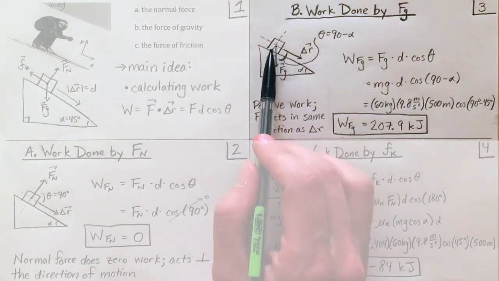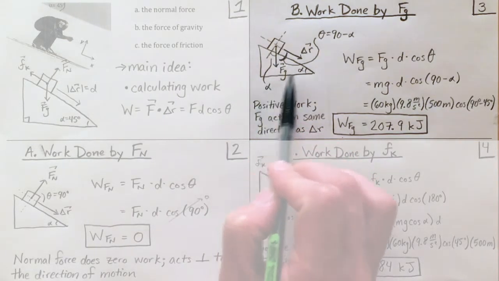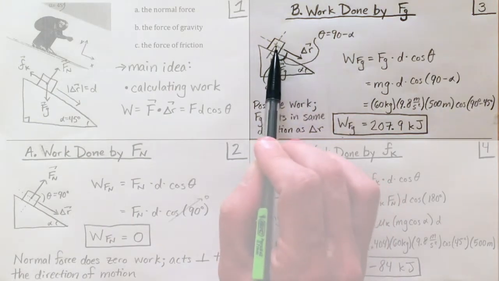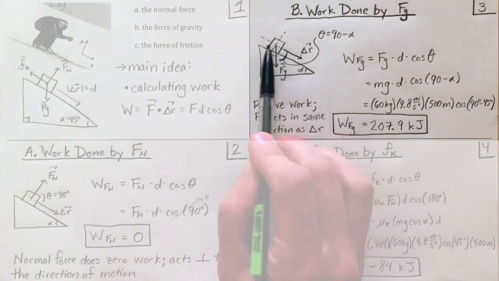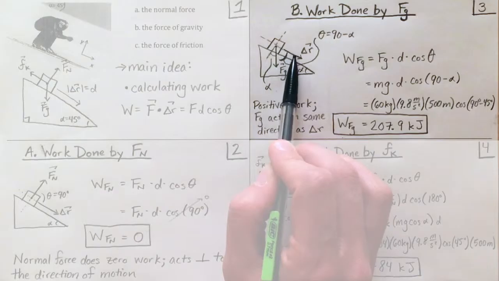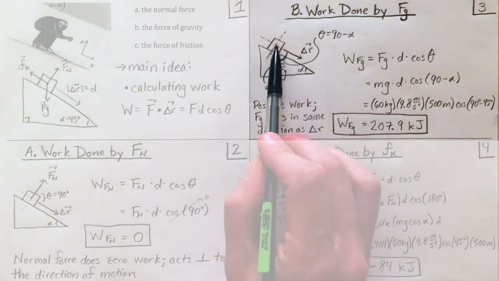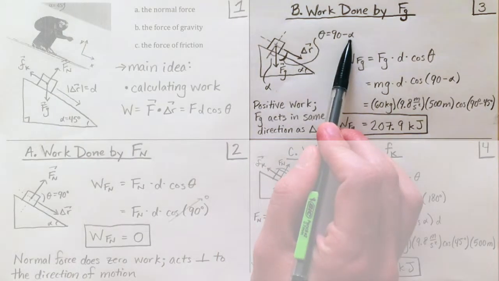Well, we know from trigonometry that the angle between the axis here and the gravity force is equal to alpha, where alpha is the incline of the slope. If this angle is alpha, and this angle here between this axis and the displacement vector is 90, the angle theta is therefore equal to 90 degrees minus alpha.